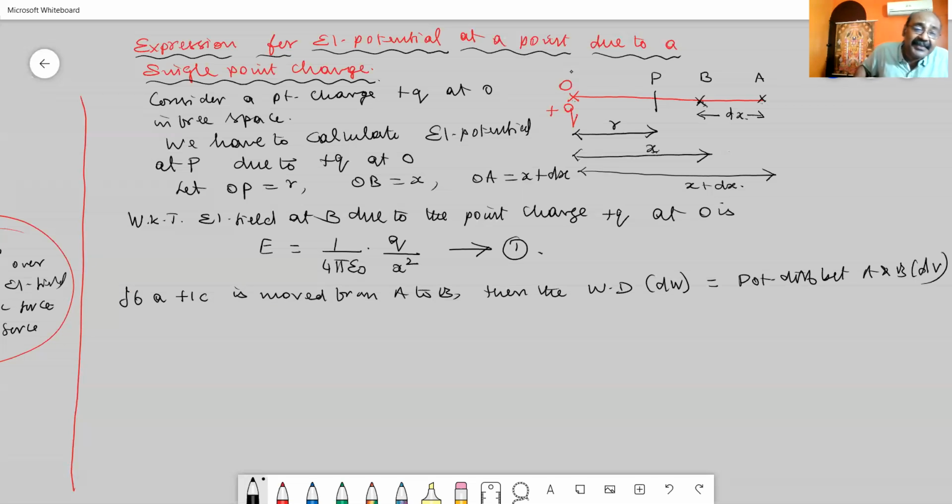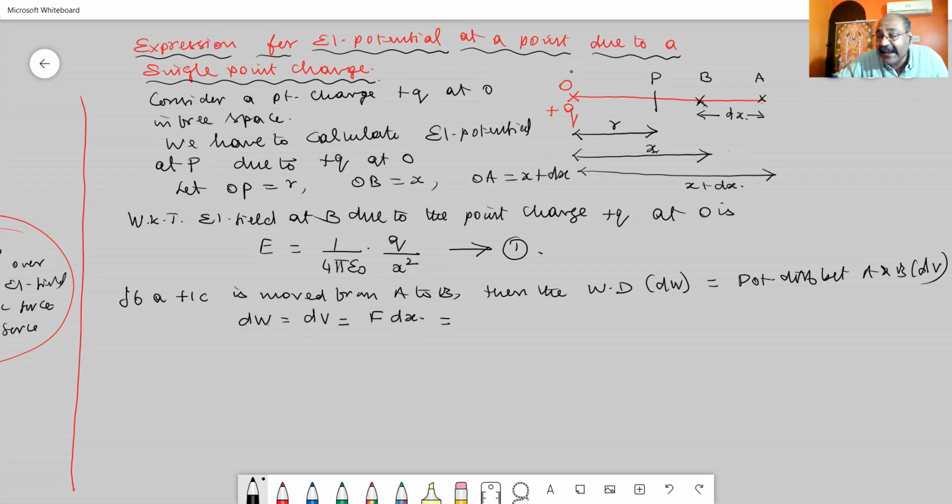Am I correct? So what is that work done dW? This dW is nothing but the potential difference dV, which is equal to force multiplied by the displacement. The displacement between the two is dx.